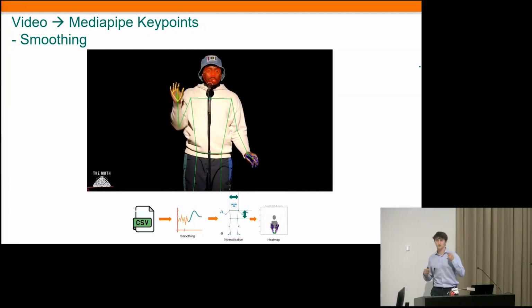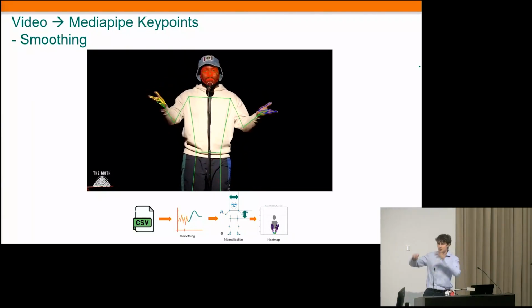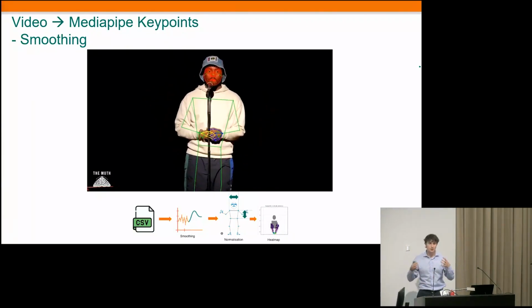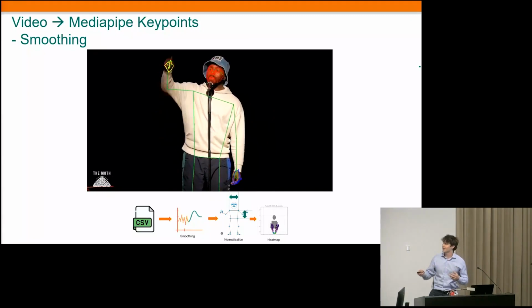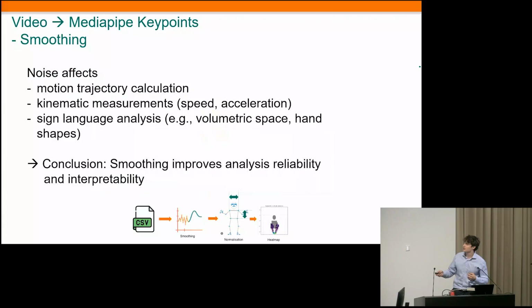With smoothing, we try to get rid of as much of this jitter as possible and keep as much of the actual movement of the person. We want to get rid of noise because it makes things like motion trajectory calculation and kinematic measurements worse.